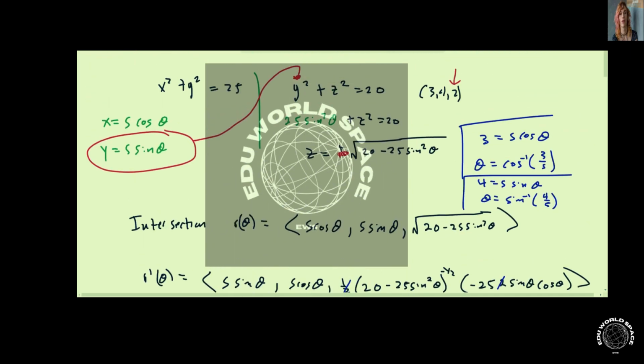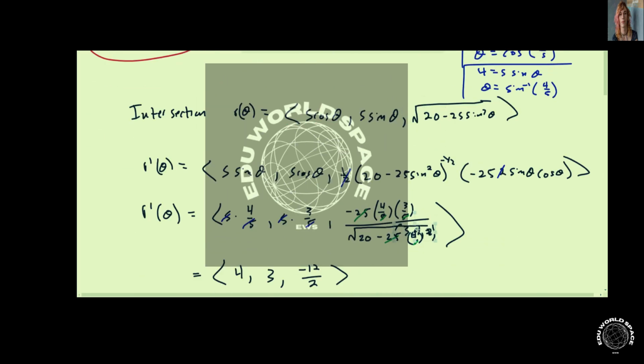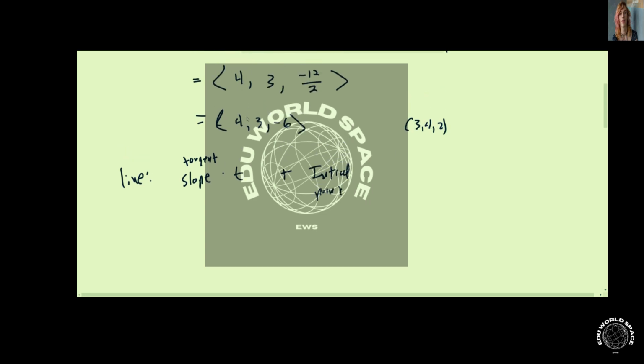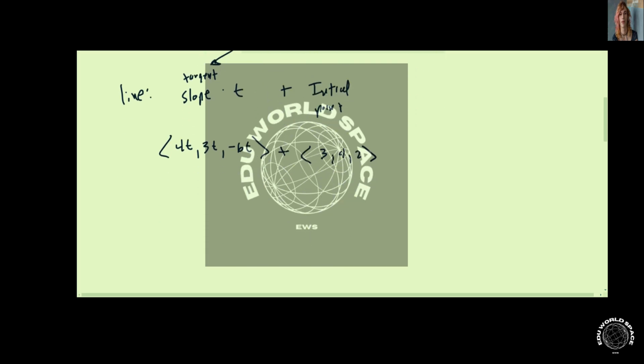So let's come back up here. Our initial point is 3, 4, 2. Then we have our vector there, and we multiply this by t. That gives us negative 4t, 3t, negative 6t. Then we add our initial point of 3, 4, 2, component-wise.